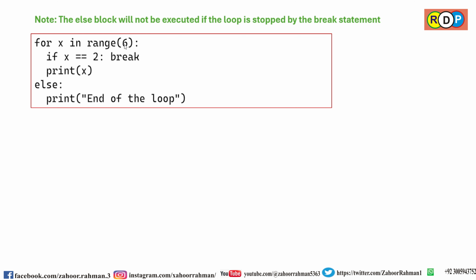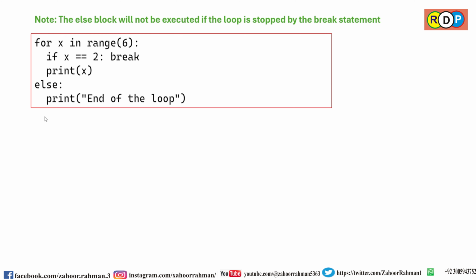In the third case, when it reaches 2, then 2 is equal to 2, yes, it is correct, break. So break doesn't mean that it will come to the else statement. When the for loop is broken by the break statement, then the else statement will not be executed and it will get out of the entire loop body.